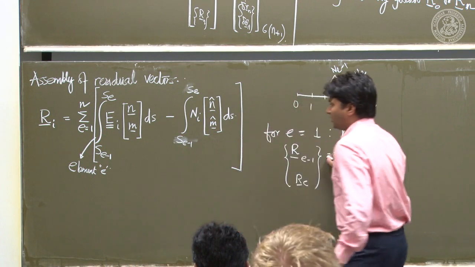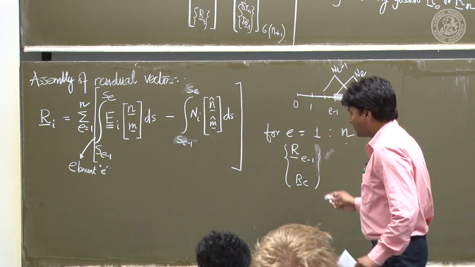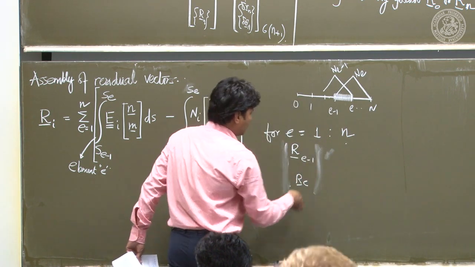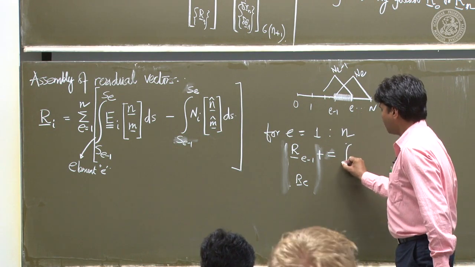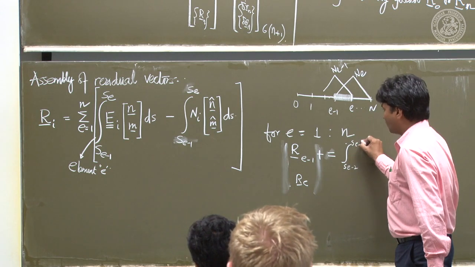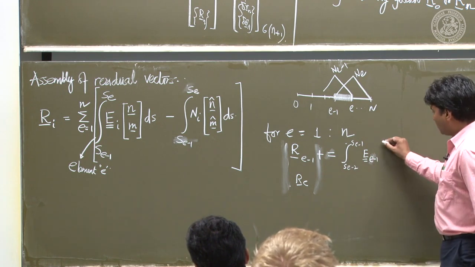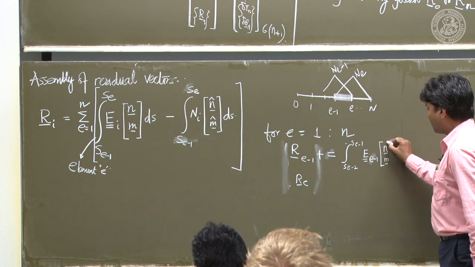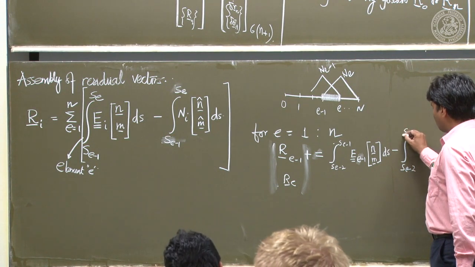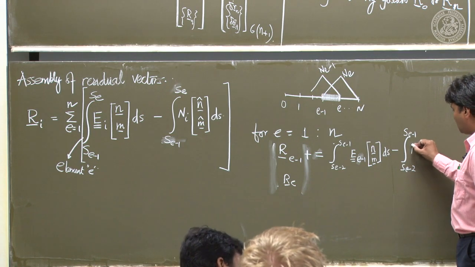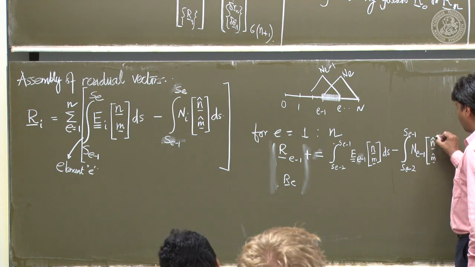So, R e minus 1, for example, is, maybe I can just write here, R e minus 1 plus equal to the integral from s e minus 2 to s e minus 1 of E e minus 1 n m ds, minus the integral from s e minus 2 to s e minus 1 of N e minus 1 n hat m hat ds.